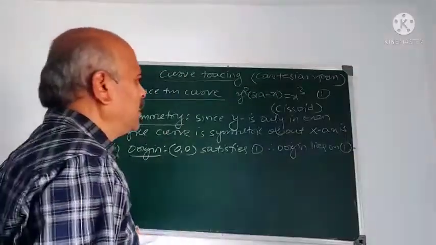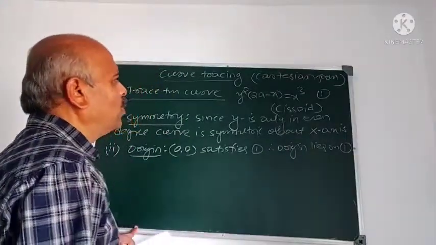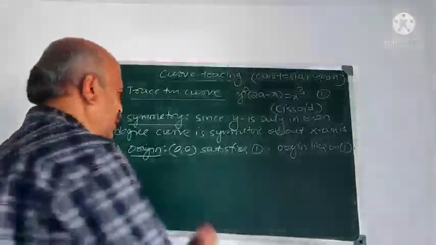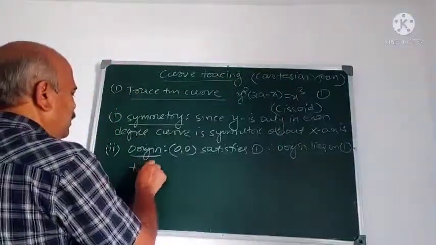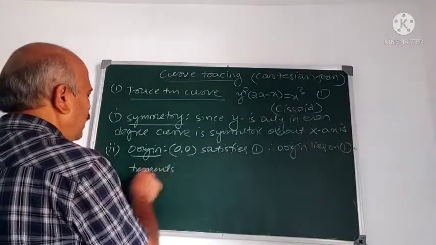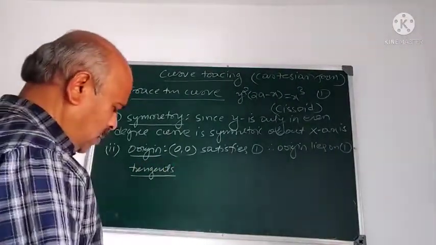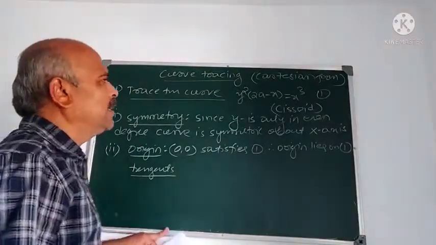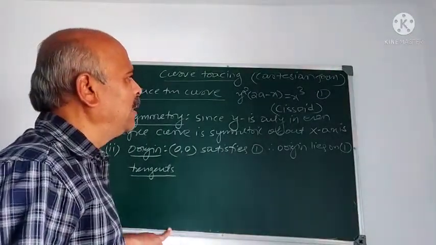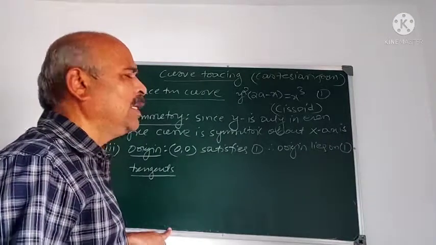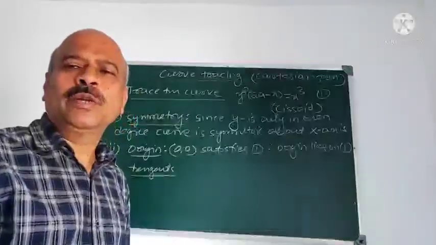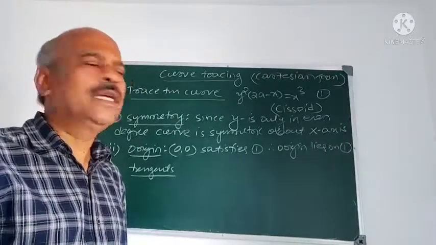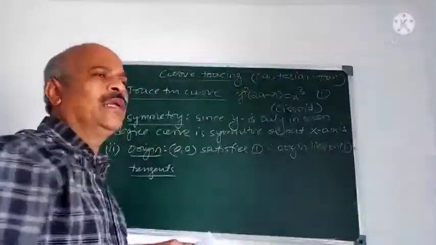Now if the curve passes through origin, then we have to find out the nature of the origin. For that we require the tangents at the origin. How do you find the tangent? Tangent at origin is obtained by equating the lowest degree term in the equation to 0.